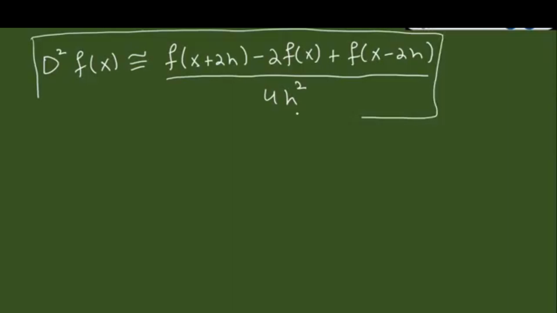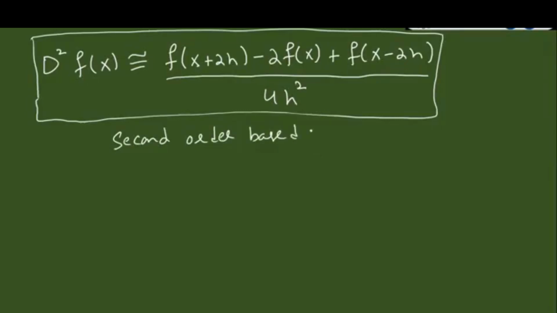Second order derivative based on what? Based on central differences. Okay, so let's think. If I said I want to compute the second order derivative at point x of a function f of x, what discrete data do I need?